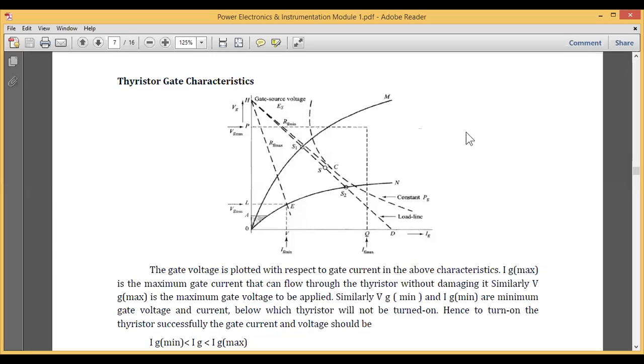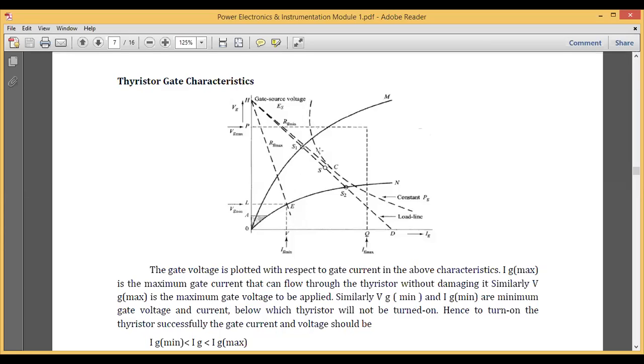But until you apply a sufficient gate current, your SCR will not turn on. So let us go through the gate characteristics of the thyristor, or SCR, in detail.